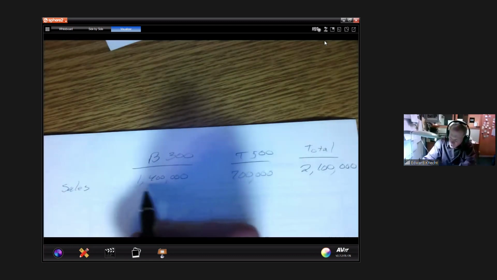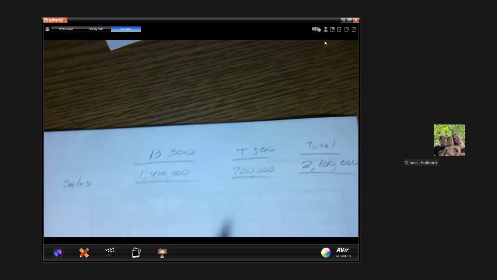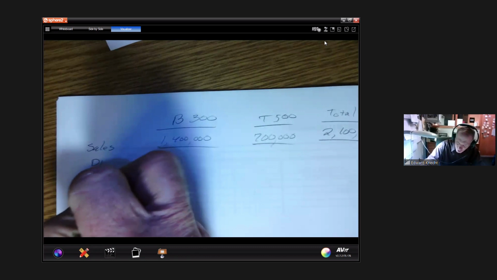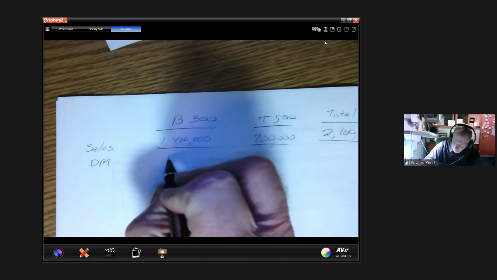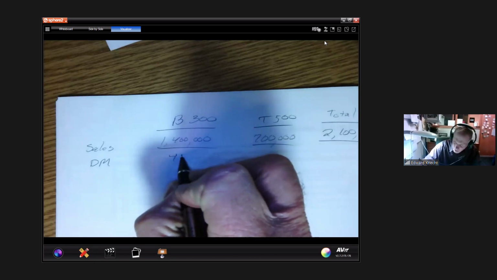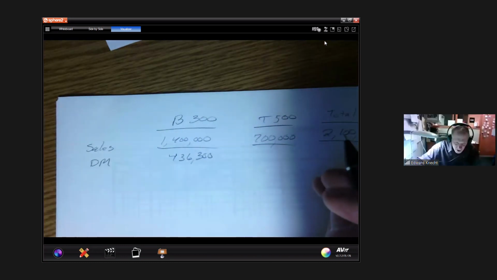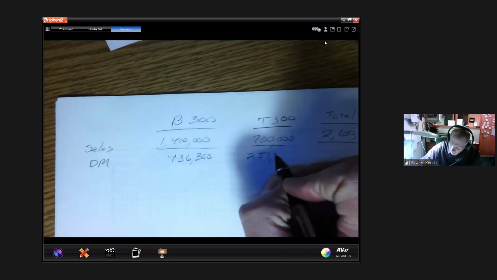So there's our sales. We're going to subtract all the costs to manufacture it. Are there manufacturing costs called direct material for both these product lines? Yes. Direct material is 436,300 for B300, and for T500 is it 251,700? Yep.